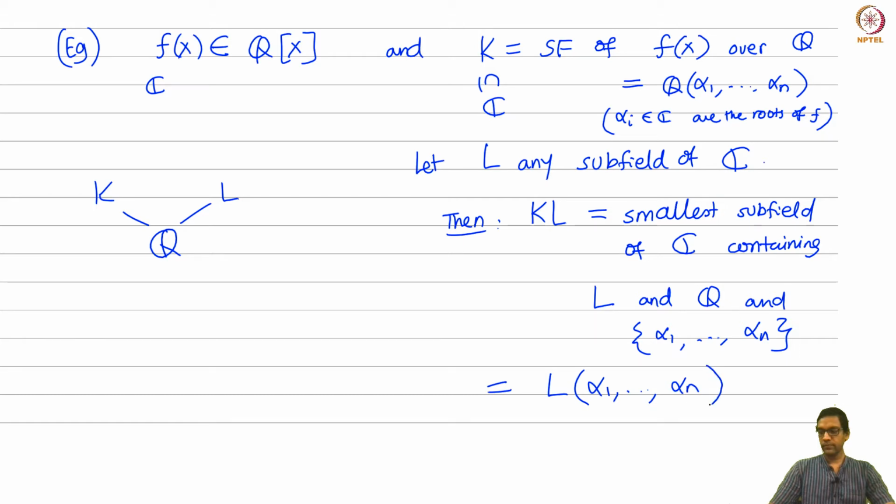So here's the final conclusion. KL is nothing but L adjoined alpha 1, alpha 2, ..., alpha n.